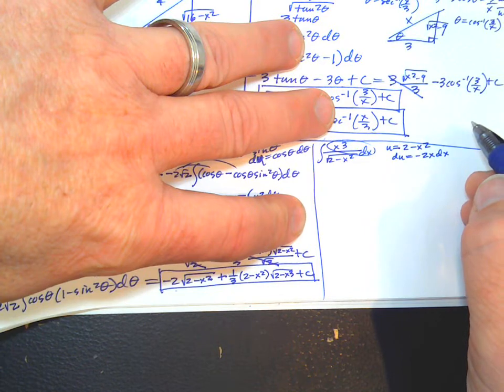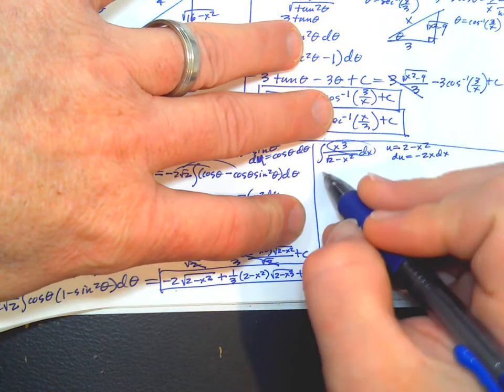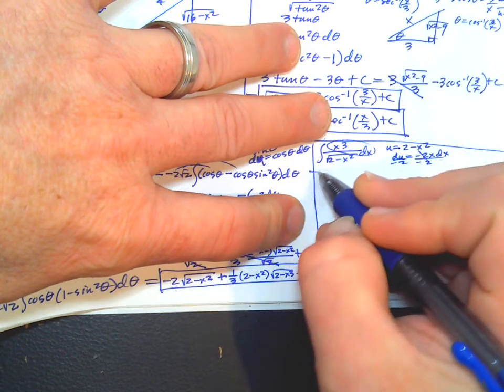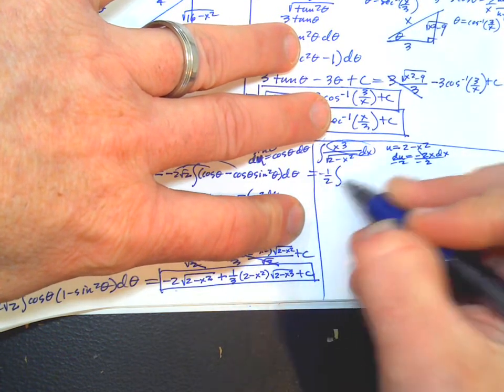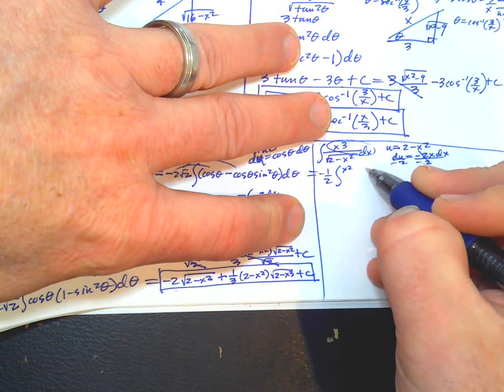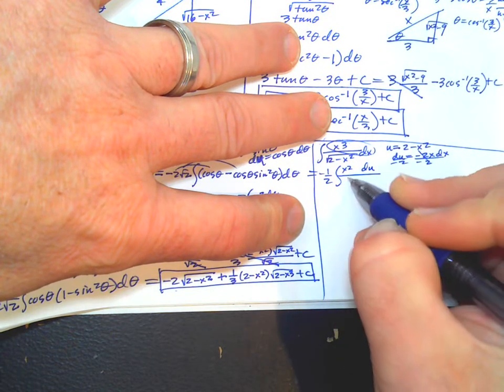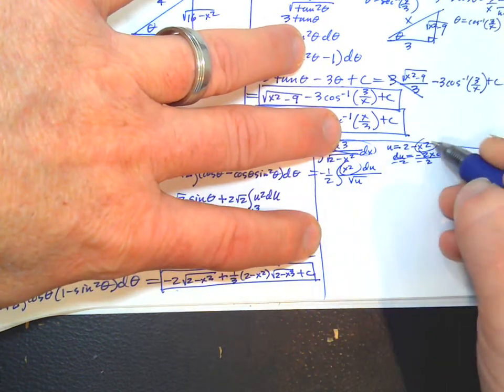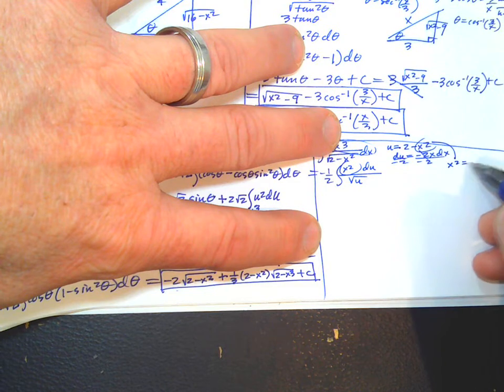Yeah, but you can have an x. If we rewrite this, we don't want the negative 2, this would be negative 1/2, and then you would have x squared left, and then du over the square root of u. Here's the deal. We could solve for x squared. X squared equals 2 minus u.